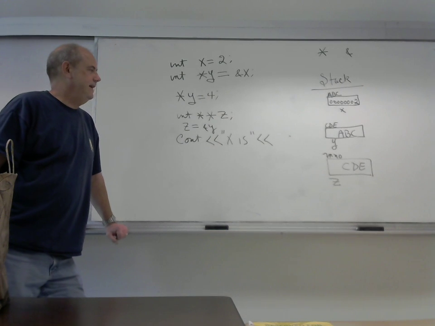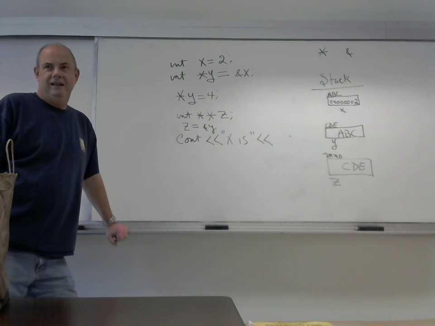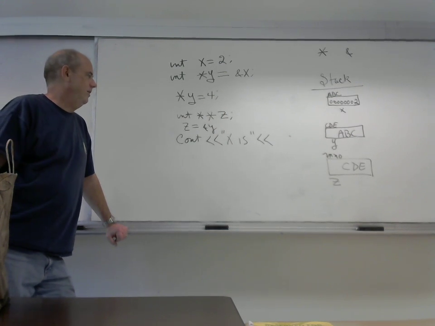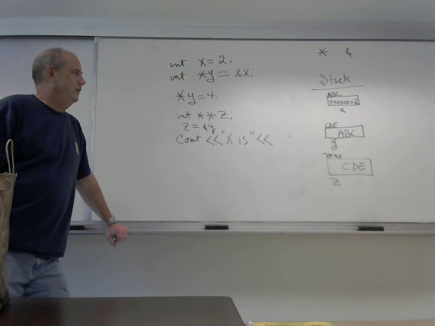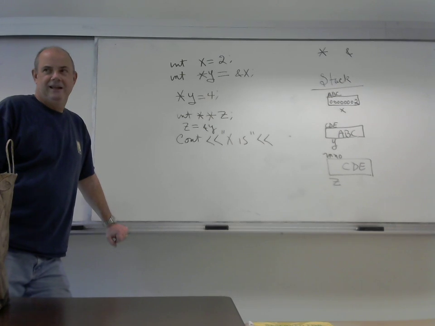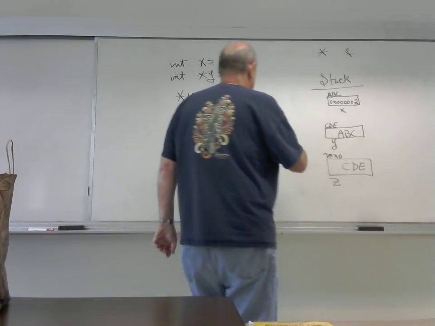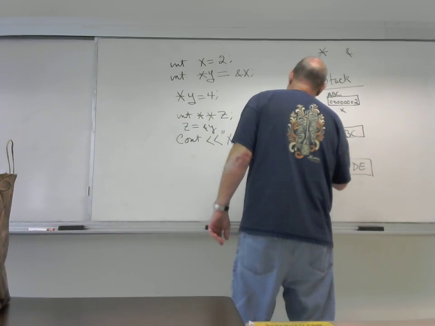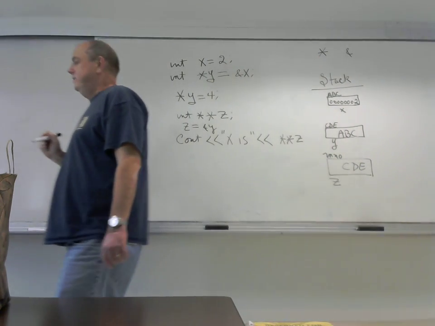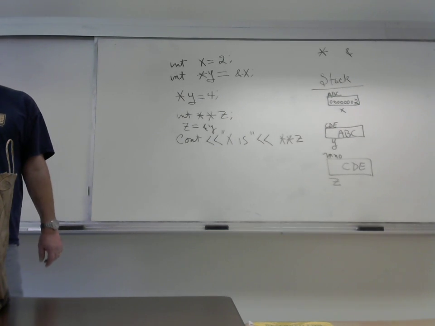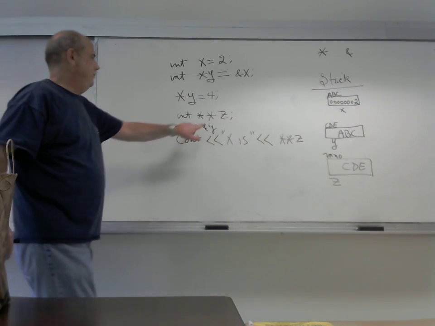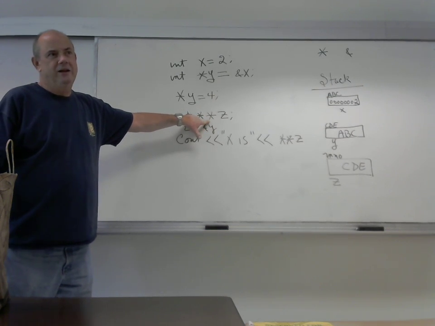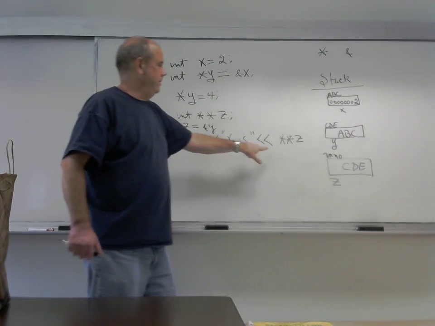Well, if we print Z, we're going to get CDE. And if we print star Z, we're going to get ABC. So we print star, star, Z. So remember, the declaration has to be what will get you that value if you print it. If you print star, star, Z, you'll get the value, not an address. So that's what you have to have here to print that value.